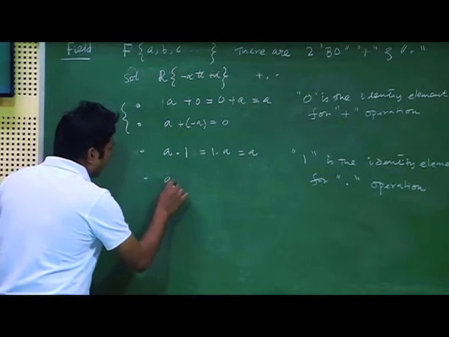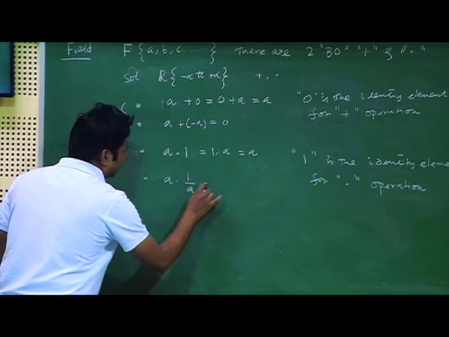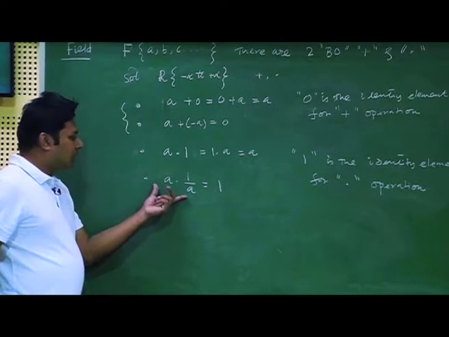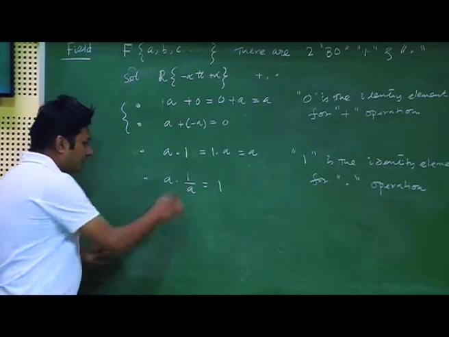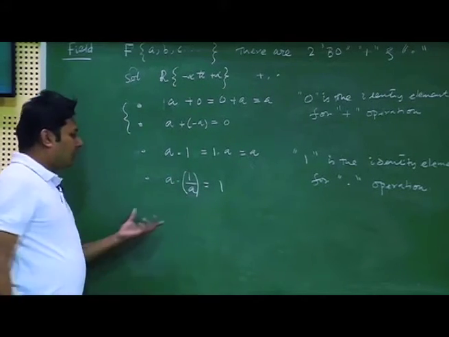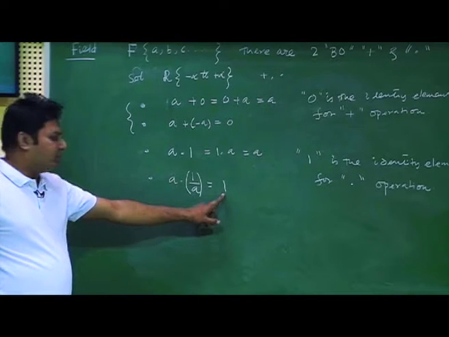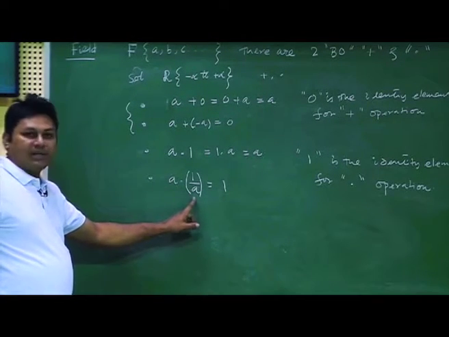Again, I can have a quantity which returns me back 1. I can have one element, 1 by A. If I multiply this to A, then I return back my identity element. So, this is the inverse. So, 1 by A will be the inverse.